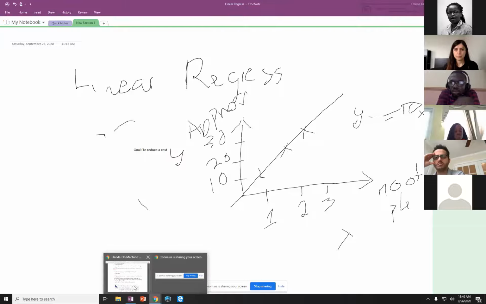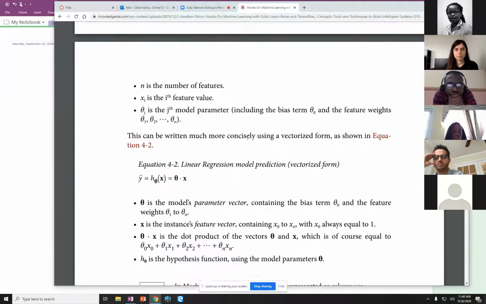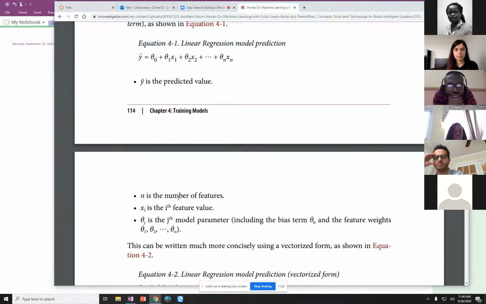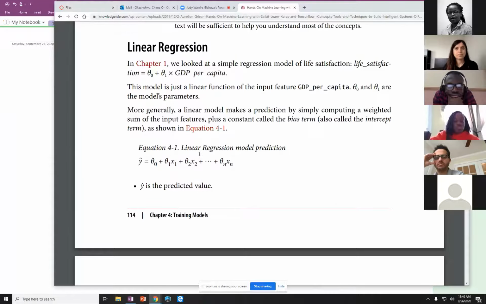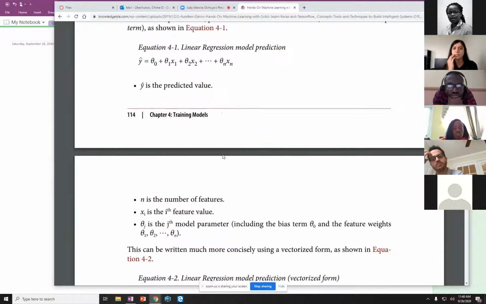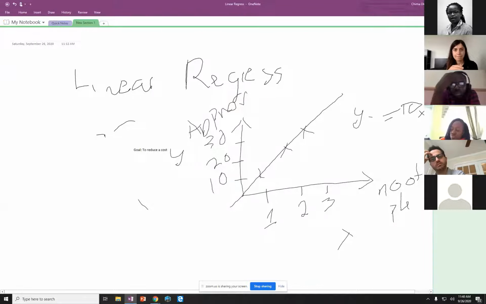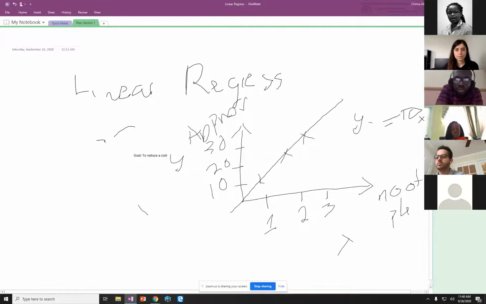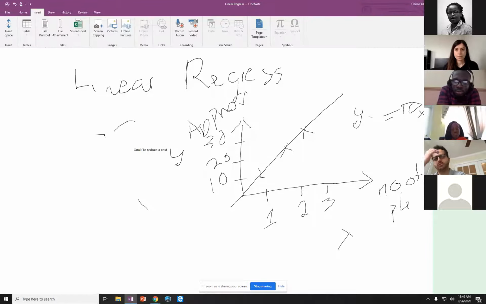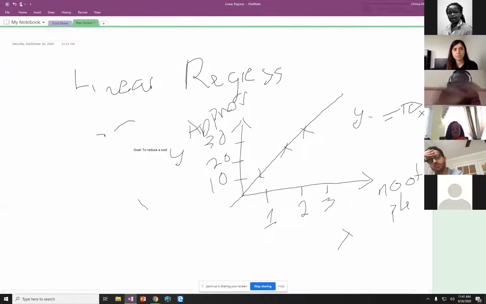So say this is the correct thing, and say our algorithm says 5. Say we predict this one wrongly, and we say it's 5x, then the values would be something like this.